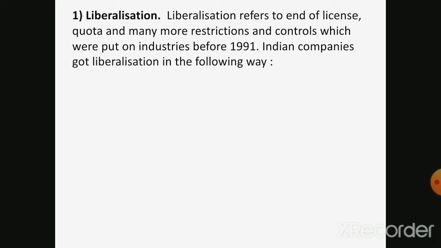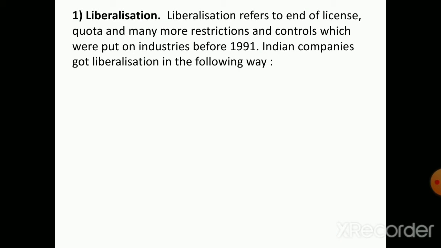Liberalization refers to the end of license, quota, and many more restrictions and controls which were put on industries before 1991. And Indian companies got liberalization in the following ways.